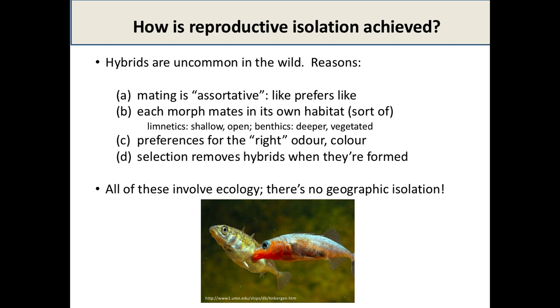The hybrids between the two morphs are less well adapted. Reproductive isolation builds up over time between these two different morphs, between two different ecotypes. And at that point, we can start to move towards two distinct species.